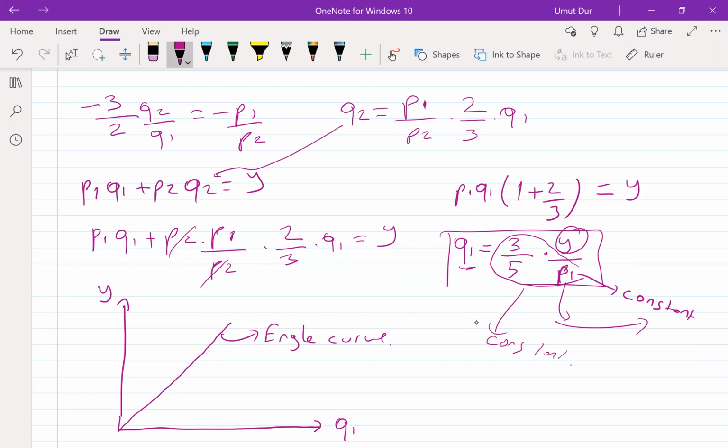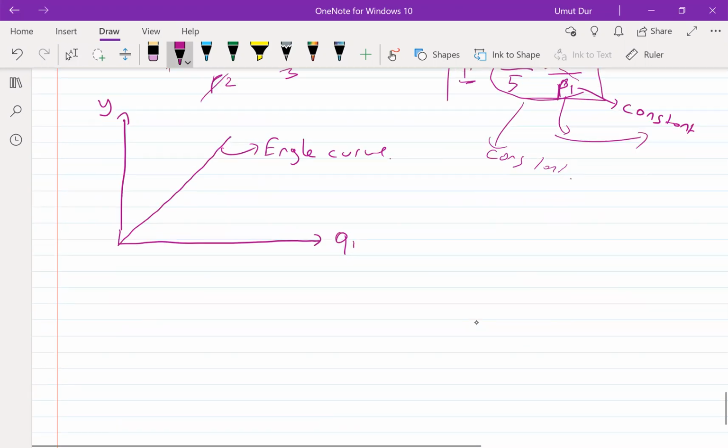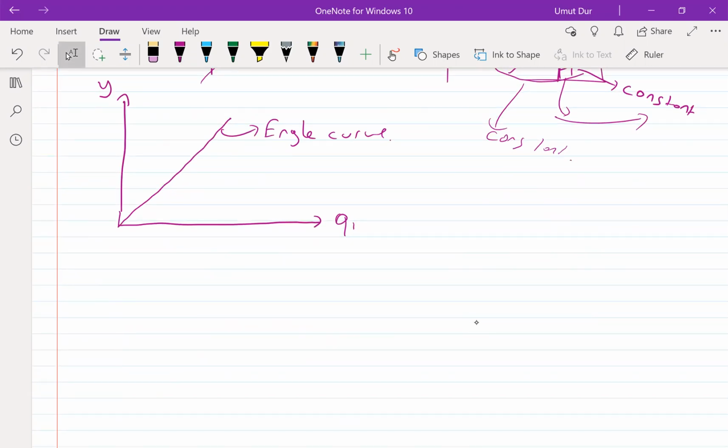Now we will continue with the relation between consumer choice and income elasticities.